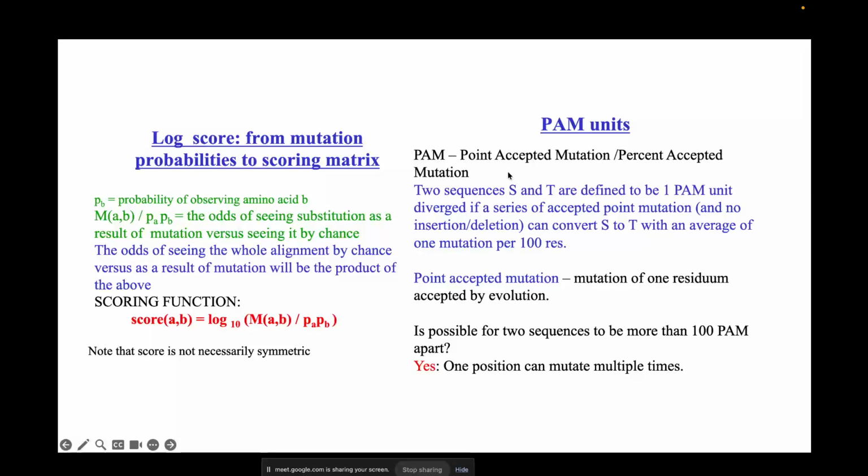And PAM is basically, as I was saying, point accepted mutation or percent accepted mutation. Two sequences are defined to be one PAM unit diverged if a series of accepted point mutations, no insertions or deletions, basically no gaps, can convert S to T with an average of one mutation per 100 residues.